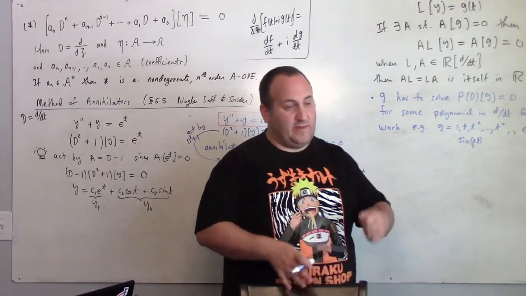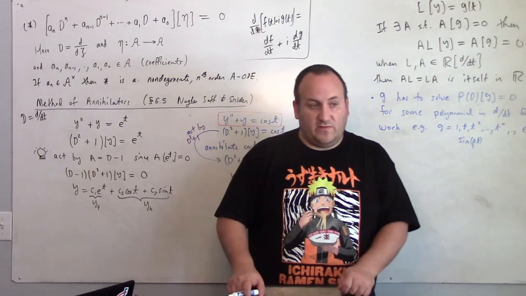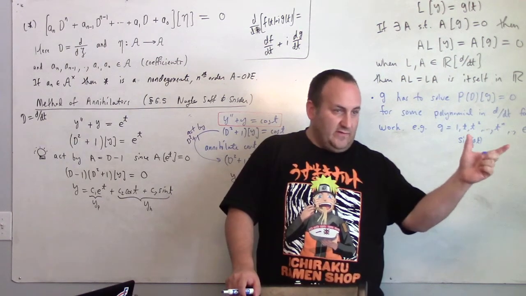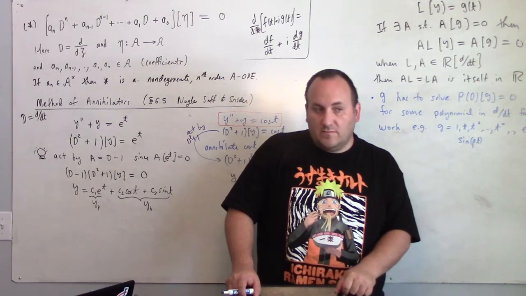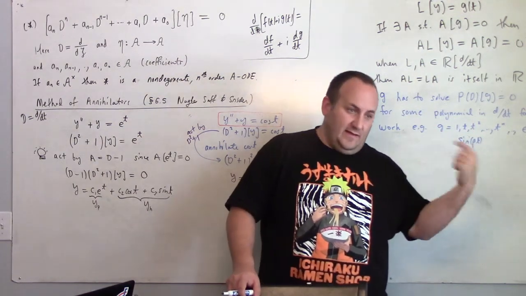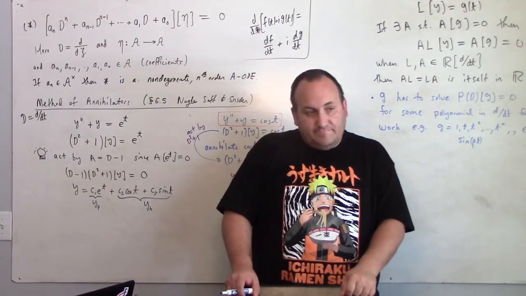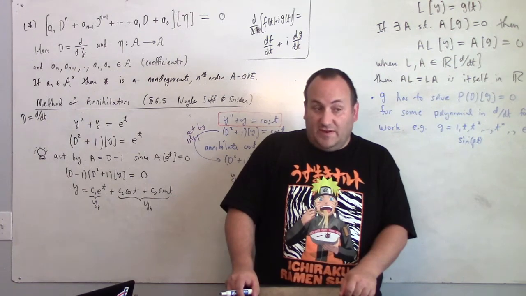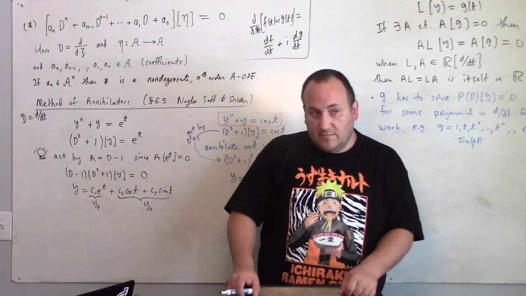So that's when the method of undetermined coefficients works: when the forcing term is of the same type as the homogeneous solution. It's a function which can be obtained as a solution to a homogeneous problem. That's when the method of undetermined coefficients works. The method of annihilators explains why that is.